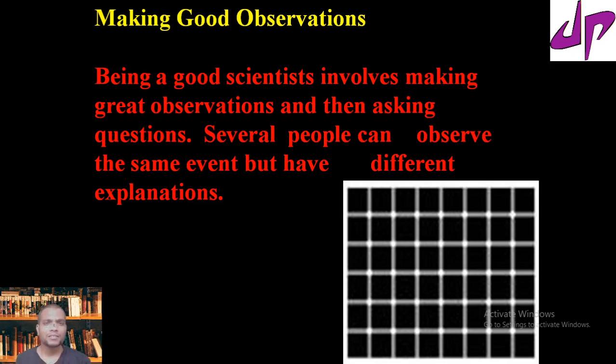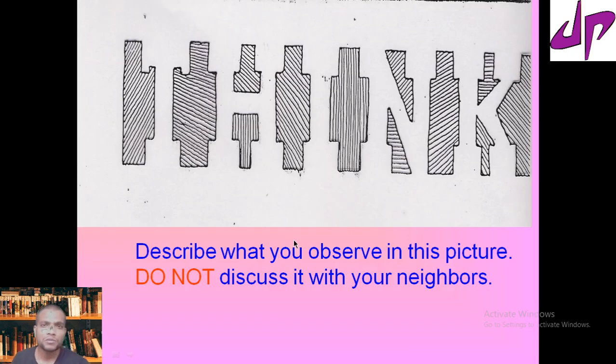So like that, several people can observe the same event but have different explanations. Let us look at the picture on the screen. If you observe clearly, are the dots white or black? If you observe the checks on the screen, I ask the question, are the dots white or black? I made some diagrams for you.